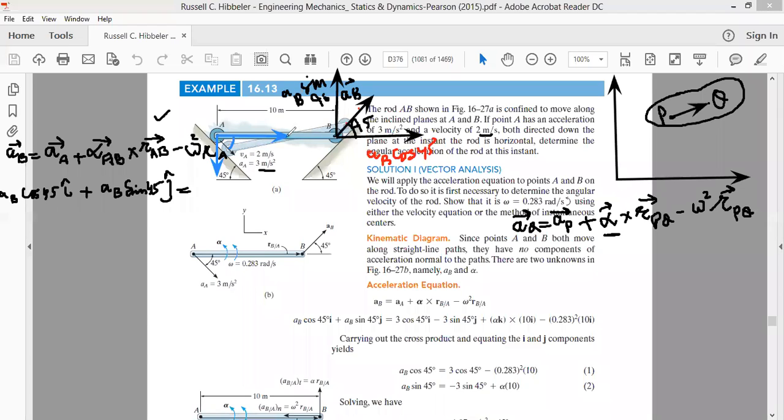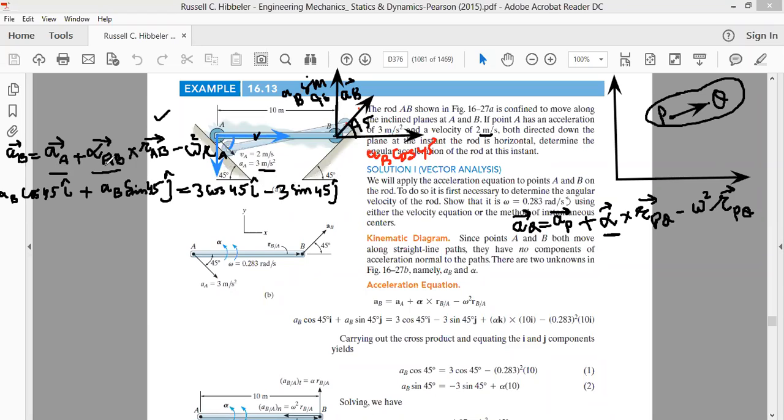The component of acceleration along the x-axis will be 3 cos 45 i cap, and its component along the negative y-axis is minus 3 sine 45 degrees j cap. These are its components. This is the acceleration of A that we have written.